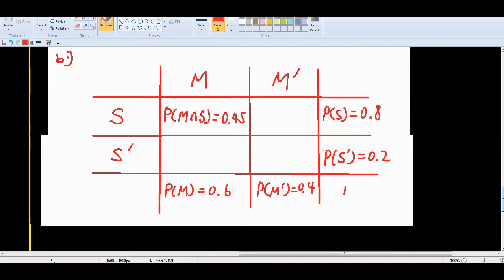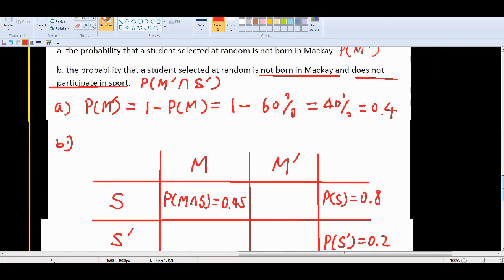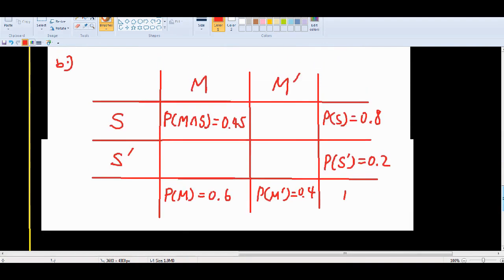So what are we going to find? We're going to find the probability of not born in Mackay and not participating in any sport. This is our target. For our target, you might use either the row or the column. This time I'm going to use the column.